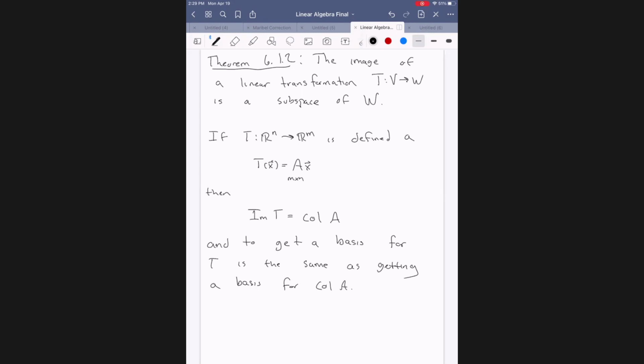So let's see. Okay, there are 2 or 3 more things I want to talk about in this section. Basically everything we're doing right now is generalizing a little more with column space, row space and null spaces. Do you remember what dimension is for a vector space?